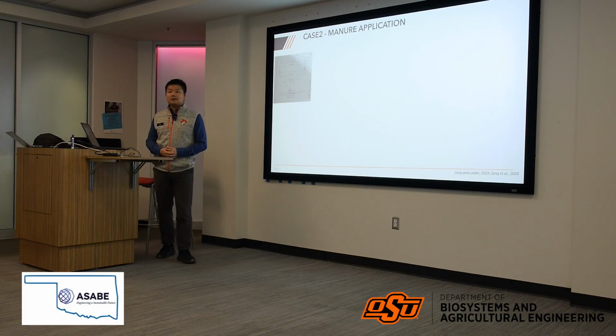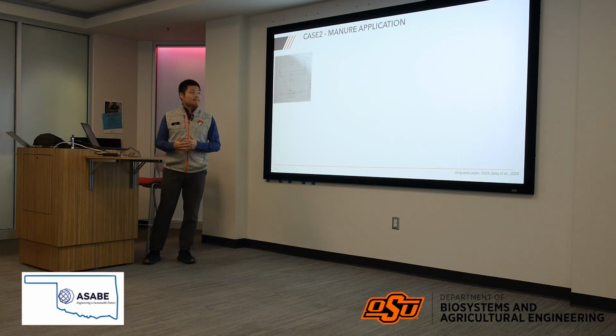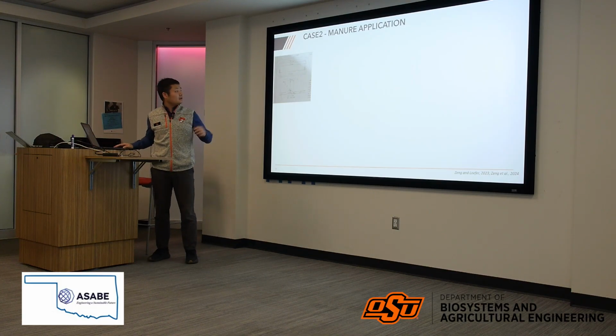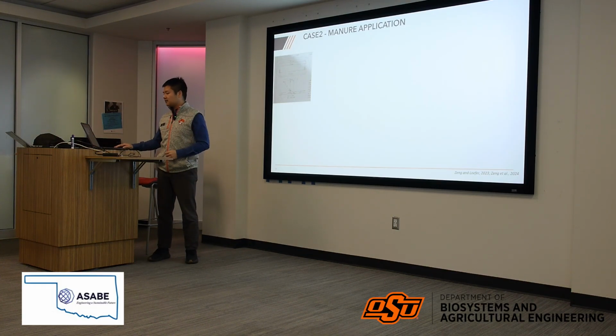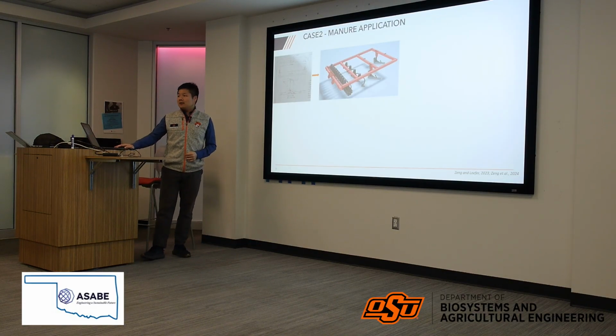Another case study I want to present today is manure application. So basically I'll show you the typical process of developing such a DEM and DT model. As an engineer, you start from a very basic sketch, and then go to a CAD model, right, that's the first prototype we proposed.